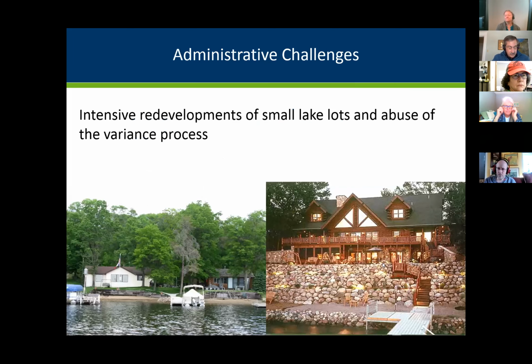And there are just challenges administratively. Some local communities embrace the standards, others not so much. Some communities really abuse these standards through the variance process, and we have a limited capacity to control that. But by and large, folks in the state think that the benefits of this program outweigh the downsides.